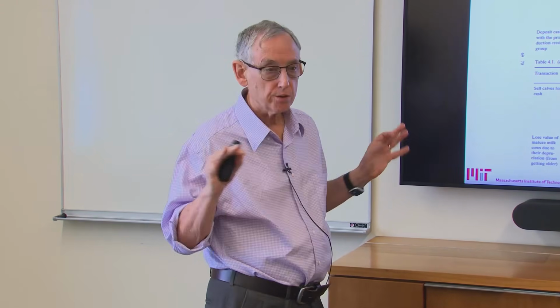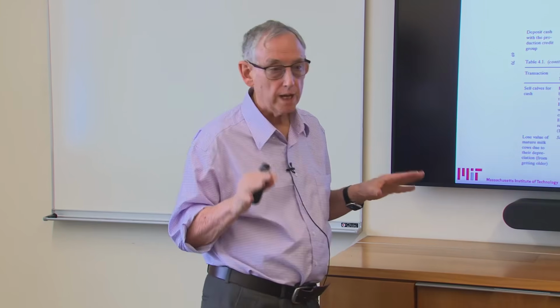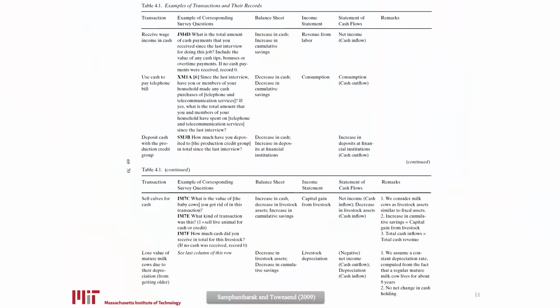Every single transaction that they report to us has been systematically put into the financial accounts, and we have a way, you'll see, of checking to make sure we're doing it consistently. And the rest is kind of fun. What happens when you sell little animals for cash? What happens when the mature animals die? You've got capital appreciation and depreciation and so on.